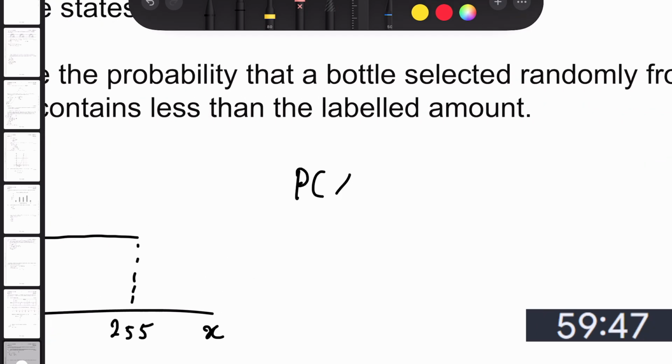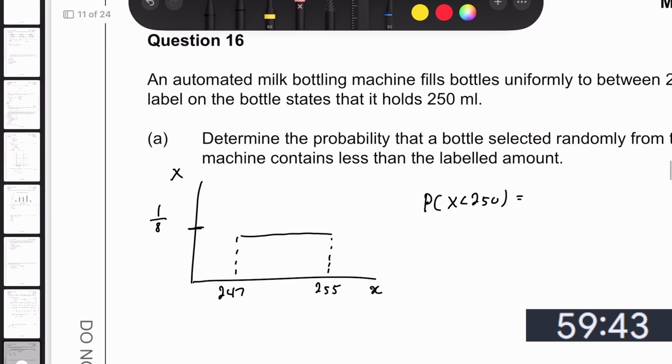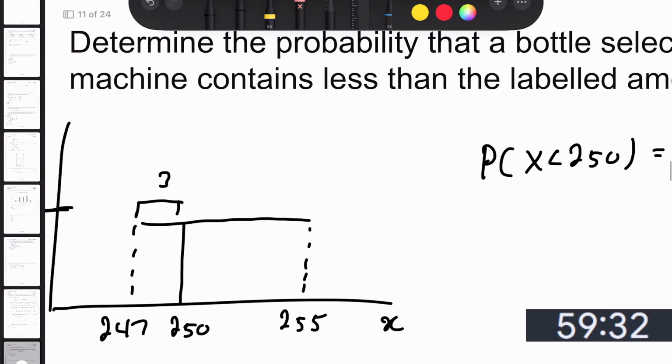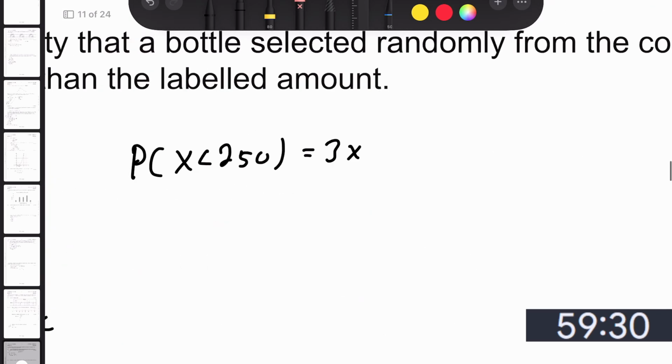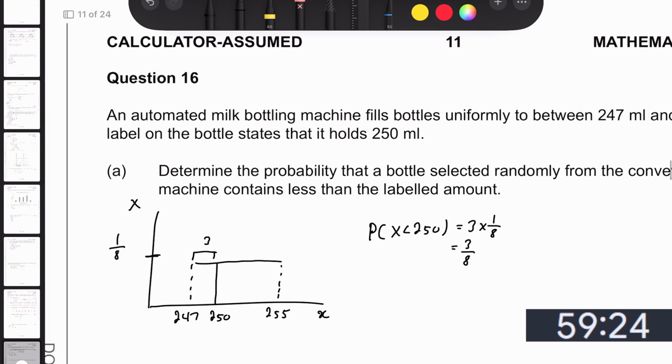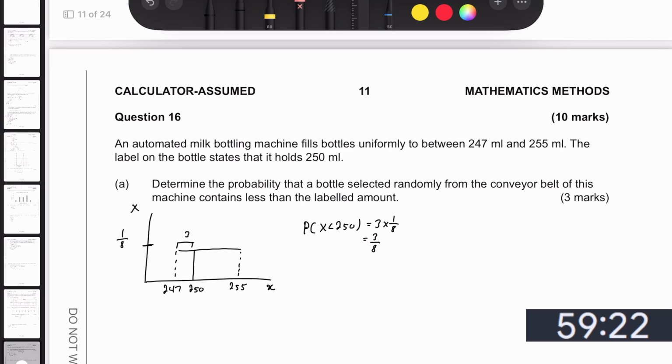So the probability of x less than 250 is going to be equal to, if we look at our graph here, 250 is probably there, and this is a length of 3, so we just want to multiply 3 by 1 on 8. So that's going to be 3 on 8, because it's a uniform distribution, which means it's a straight line.